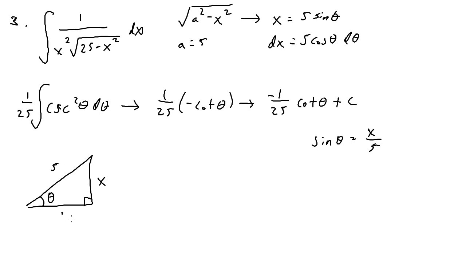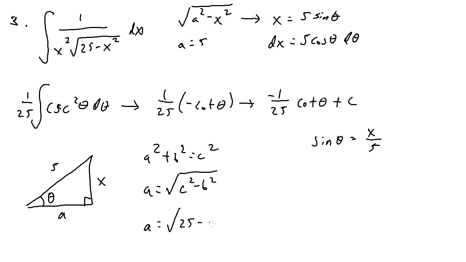So if we solve for, let's say, a now, using the Pythagorean theorem, a squared plus b squared equals c squared, then a is going to equal the square root of c squared minus b squared, or in other words, the hypotenuse squared minus x squared. So a is going to equal the square root of 25 minus x squared.